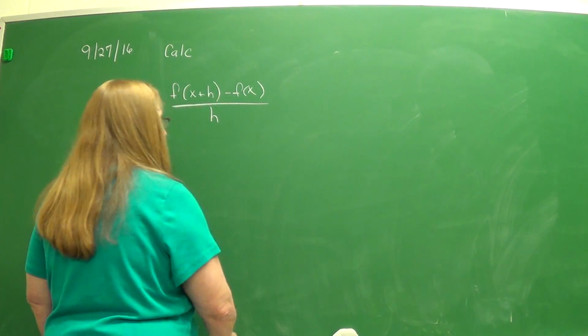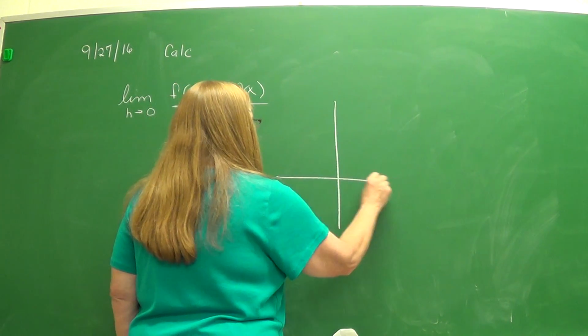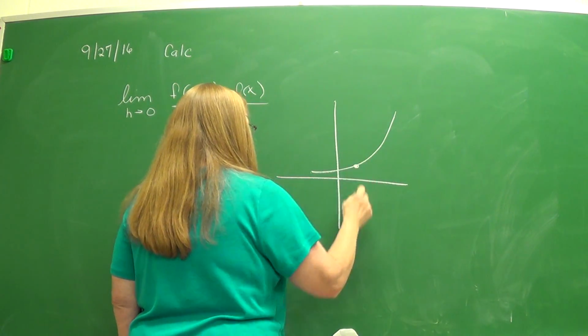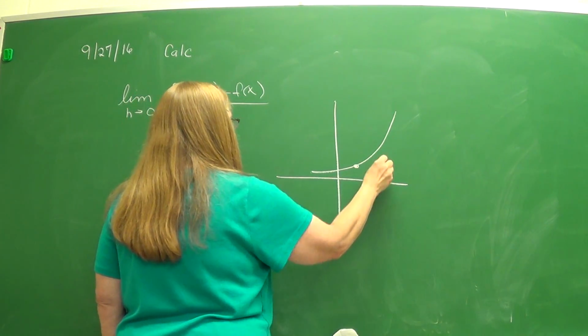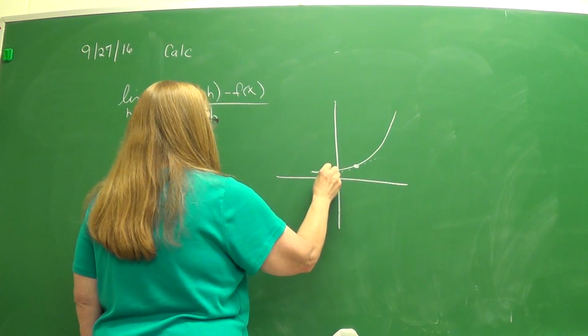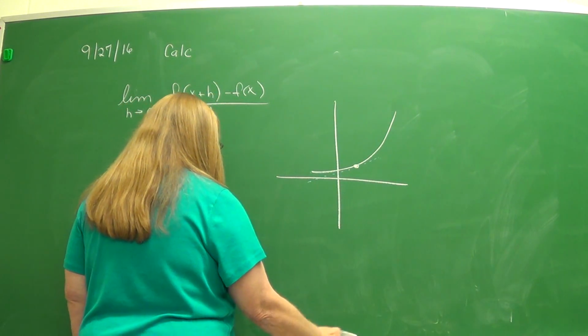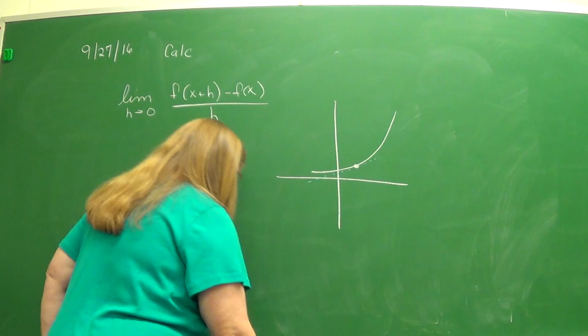So what they're thinking of is they're looking at a graph. Here's the picture. Say we want to get the slope of the curve at this point. Initially we go for the secant.